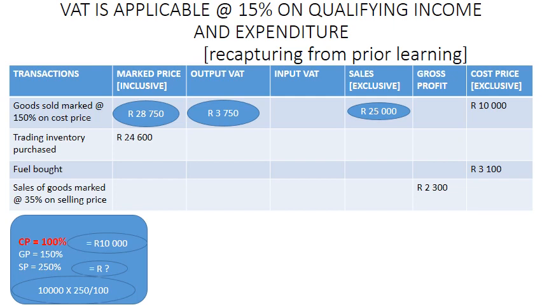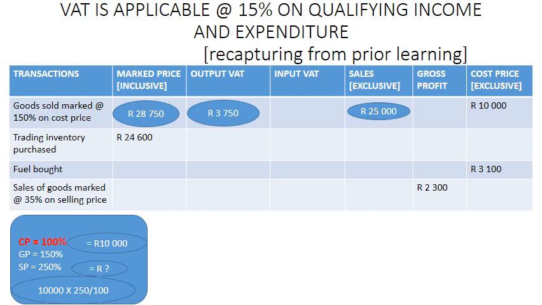In the second transaction line, we are given trading inventory, which was purchased for 24,600 rand, including VAT. Inventory qualifies for VAT.